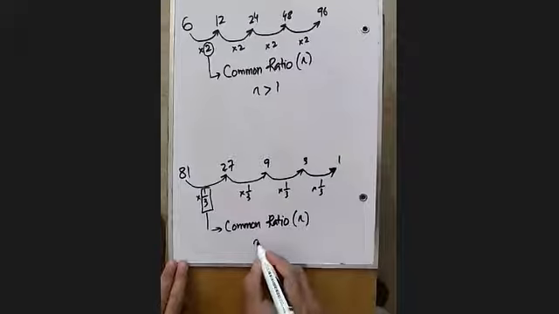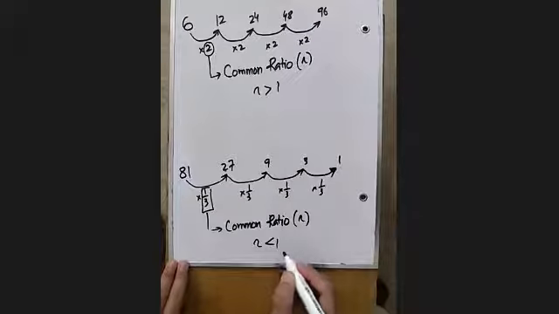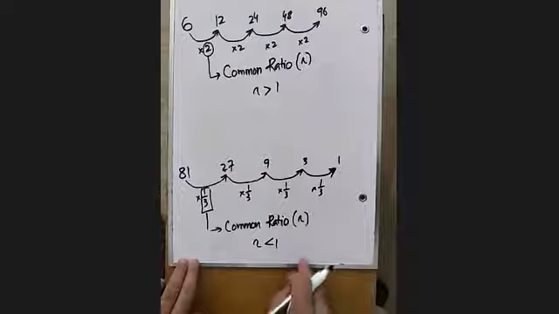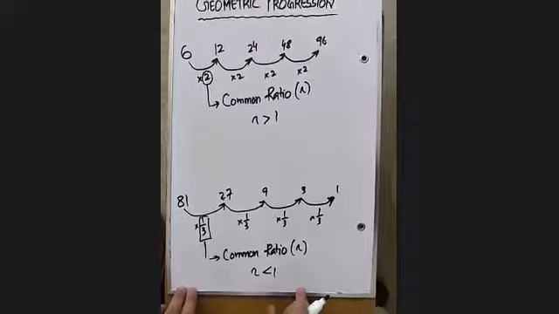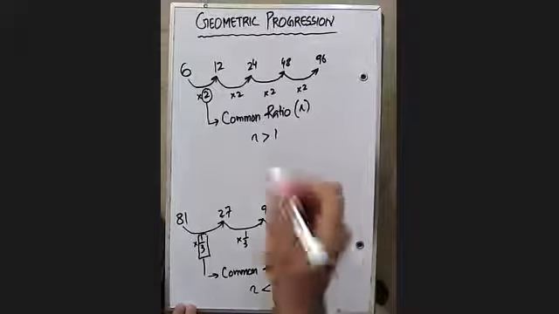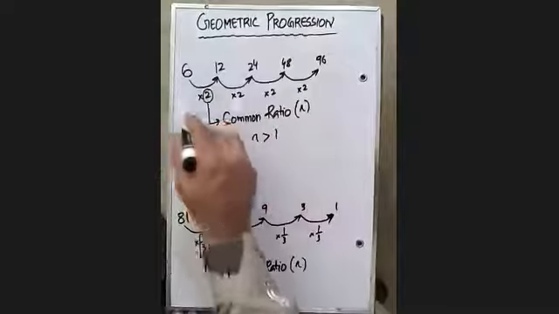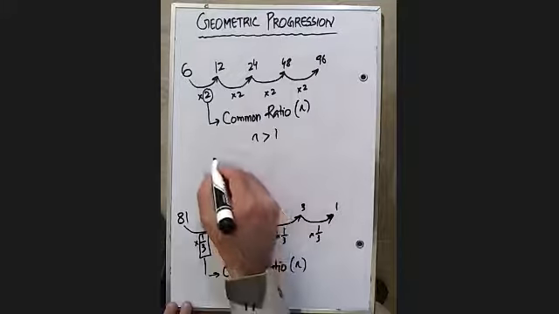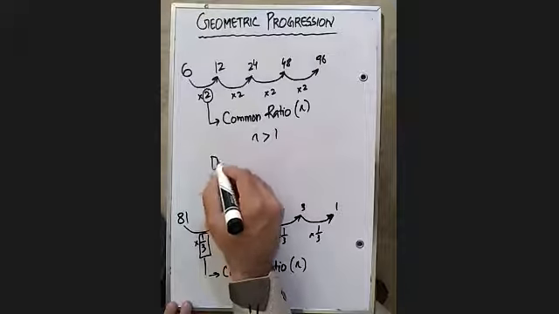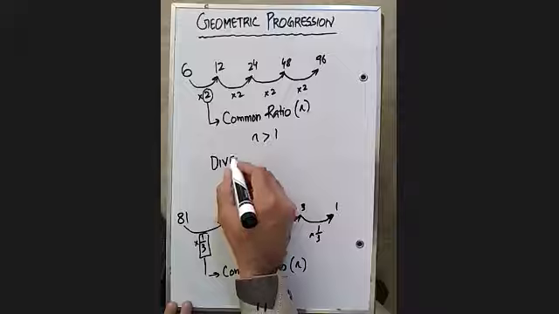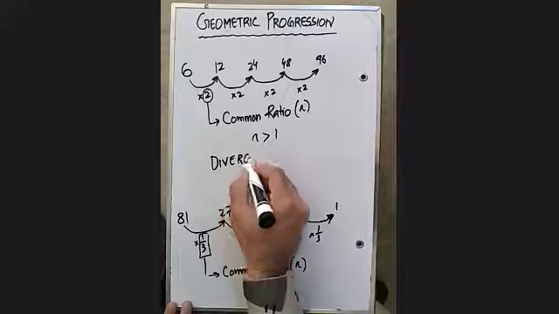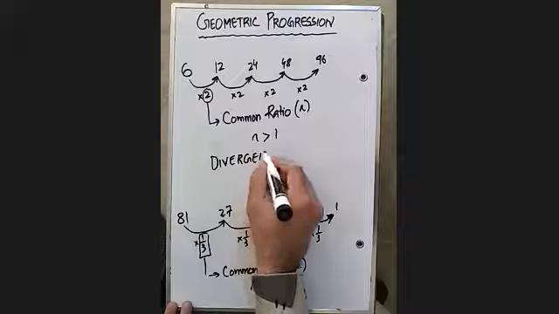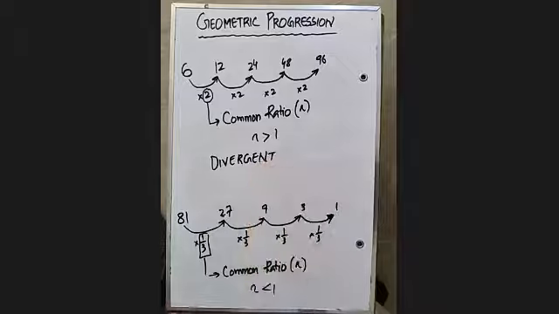And if it is a decreasing progression, common ratio r will be less than 1. The geometric progressions which are increasing, which have common ratio greater than 1, are also known as divergent.